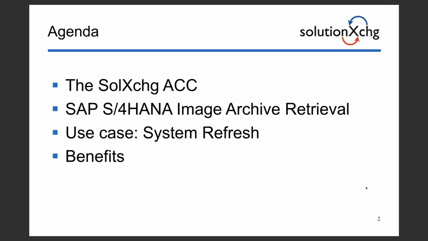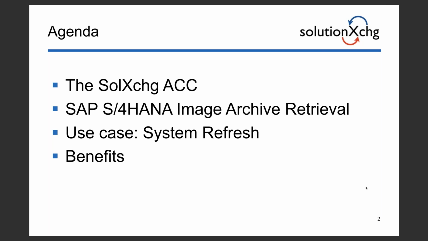So we'll talk a little bit about the business case, the functionality of this tool we call the SolutionXchg ACC. I will then expand the perspective a little bit by looking at how SAP S/4HANA reimagines and preserves image archive retrieval, and how image archive retrieval is structured in an S/4HANA environment, and then put that into perspective with our tool.